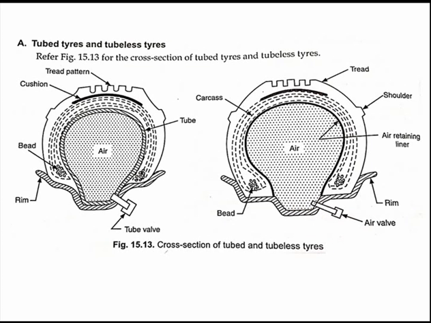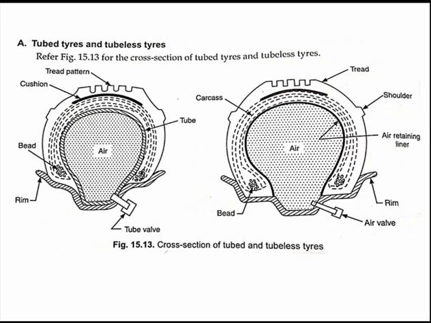Inside the tubeless tire, there is a special air retaining liner, as I told you, made up of halogenated butyl rubber, and that retains the air inside.